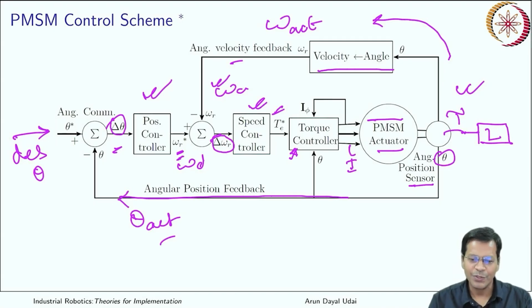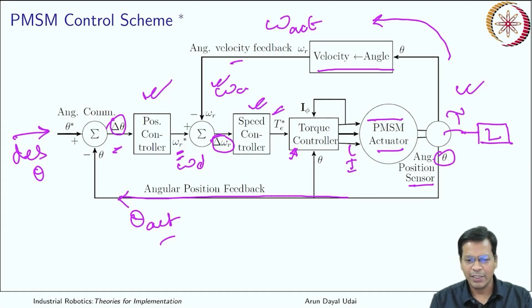Okay. So now there is an interesting part over here. You see, you are feeding the angular difference, and you have a controller which gives you a desired omega, that is the angular velocity.